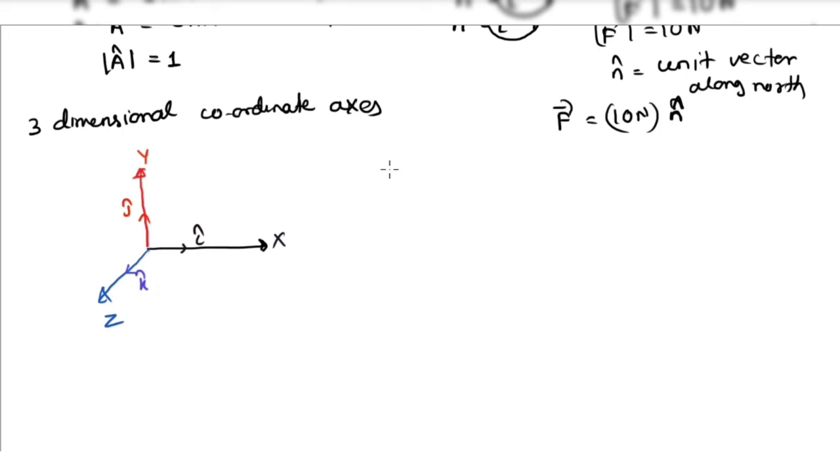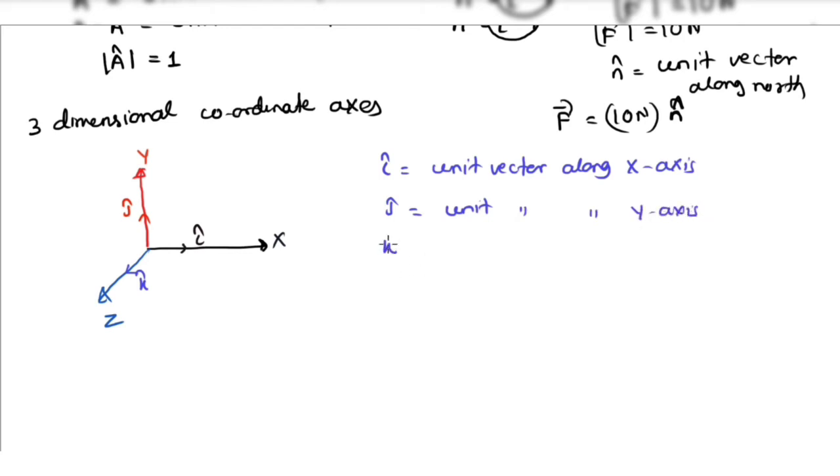So remember that I cap means unit vector along x-axis, and what is j cap? J cap means unit vector along y-axis.